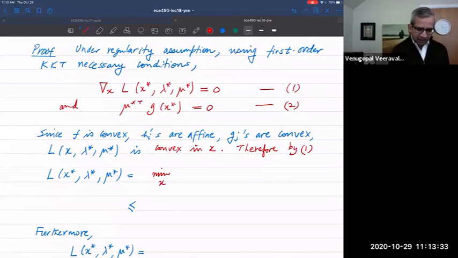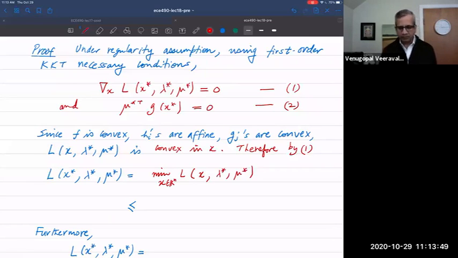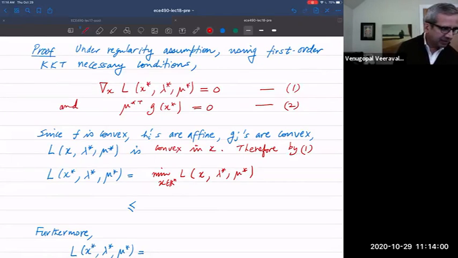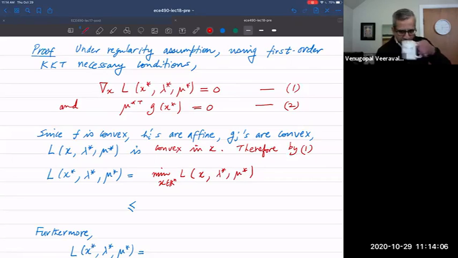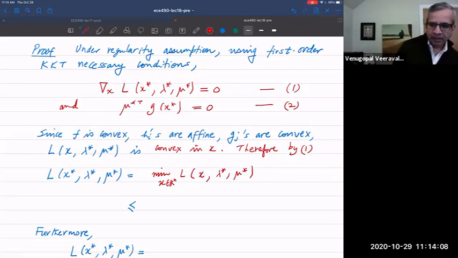So L of x star, lambda star, mu star is the minimum of L over all x, or x belonging to R^n if you want, at lambda star, mu star. In fact, we exploited this in the examples that we did in class and the ones in your homework, and that's how we got the second order sufficiency condition.